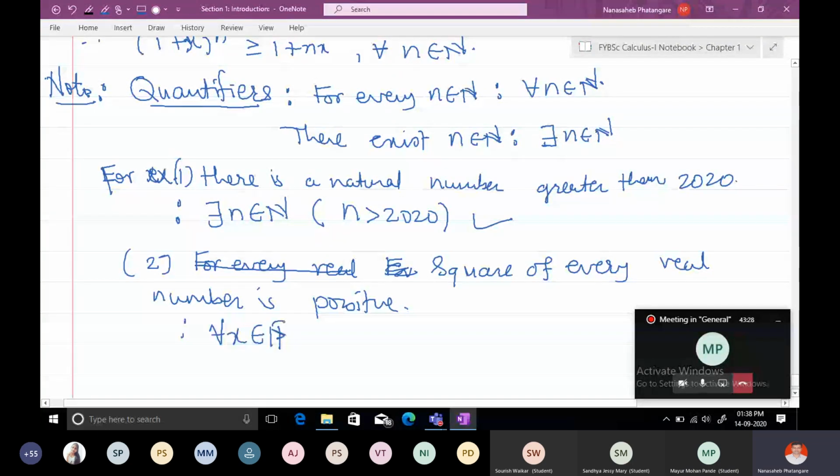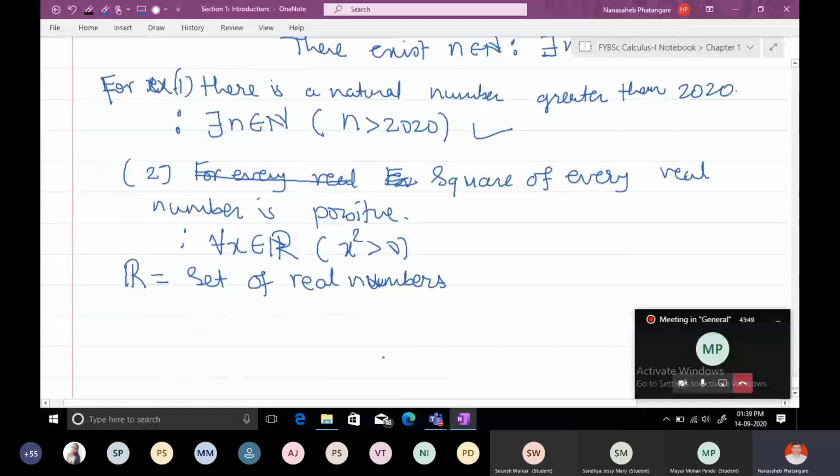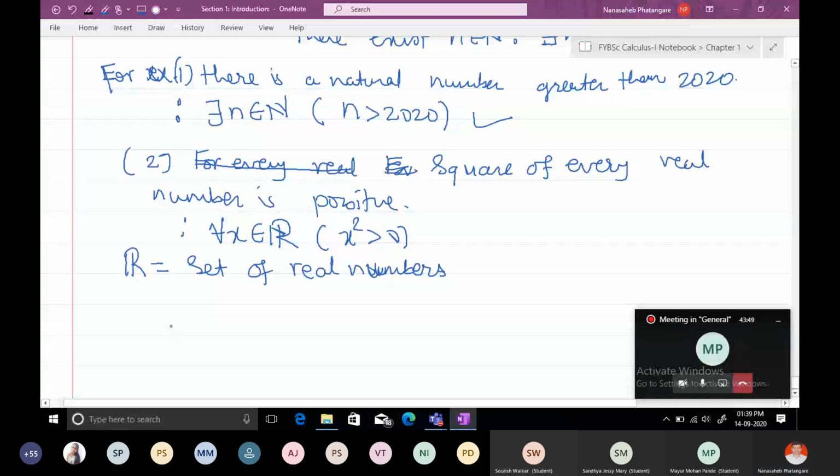Also let me tell you, this is the notation we use for the set of real numbers, and therefore for all x in R, x square is positive. So in that way I am using this kind of notation, so you should understand this. Okay, fine.